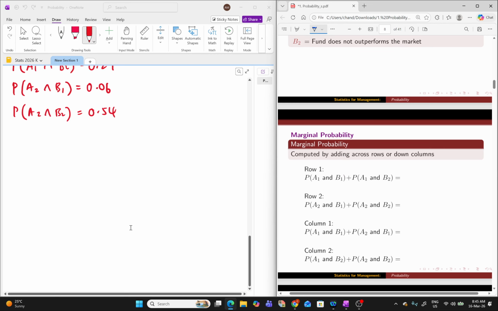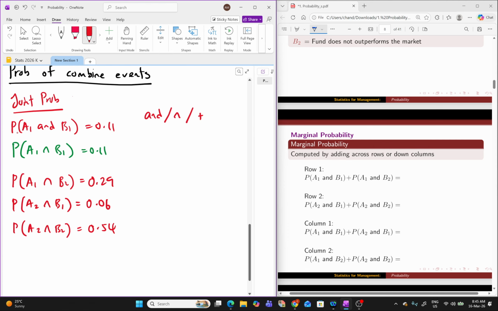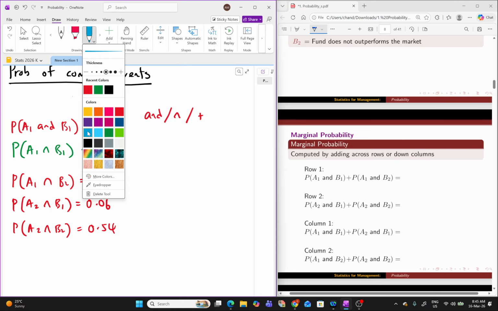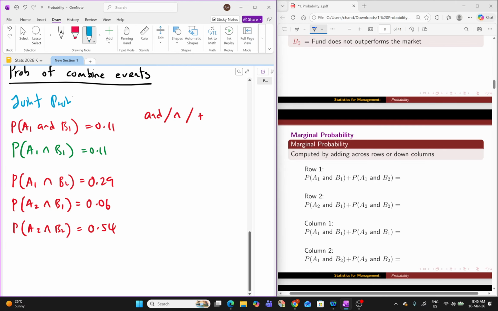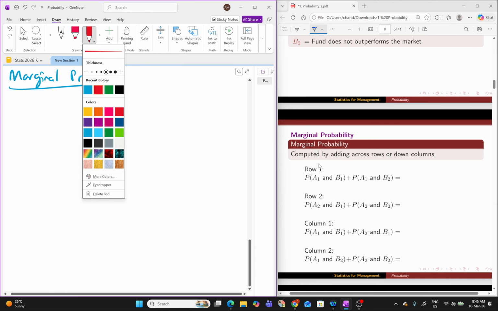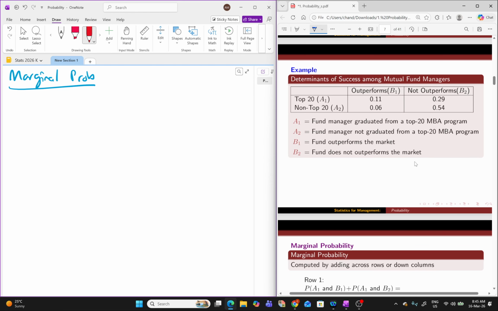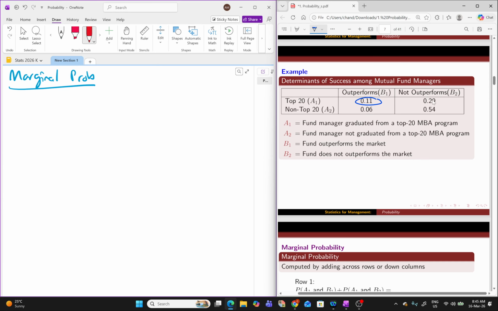The next one is marginal probability. For marginal probability, you can see here, computed by adding across the rows and down the columns. So if you go by row, you plus this one and this one, and this is actually the probability of A1.